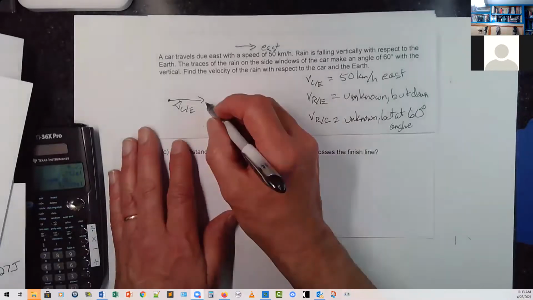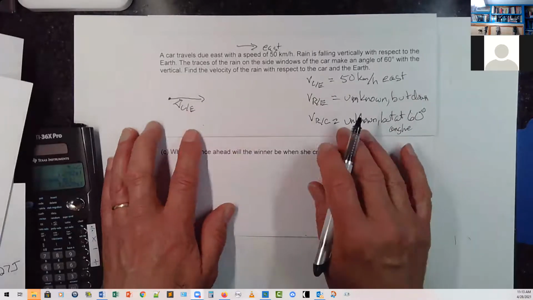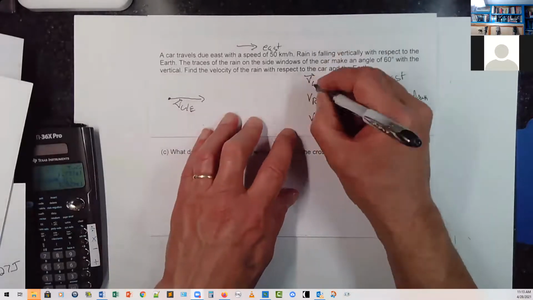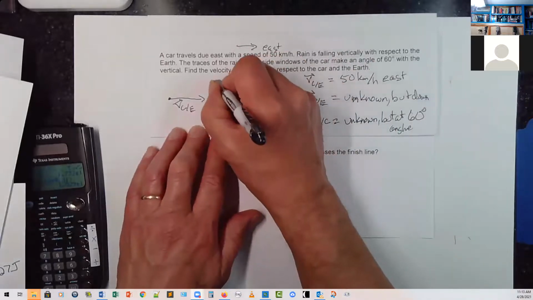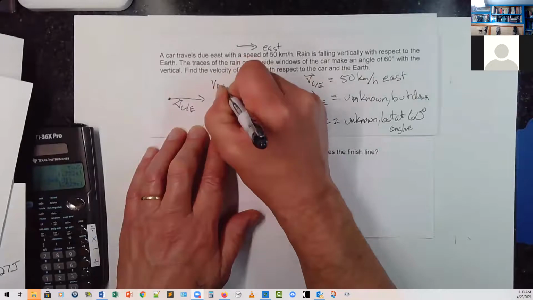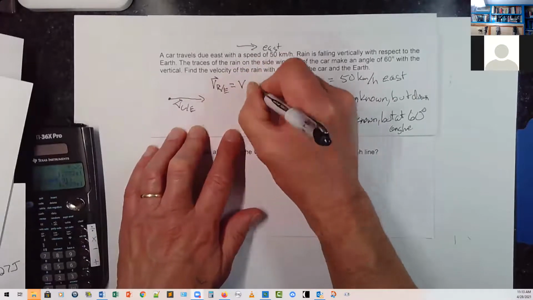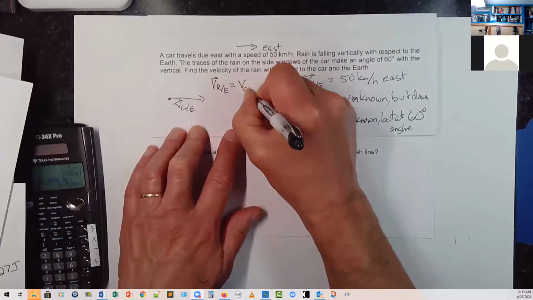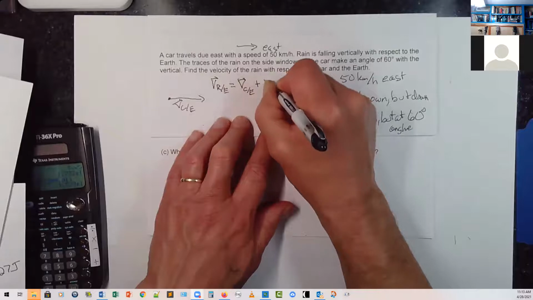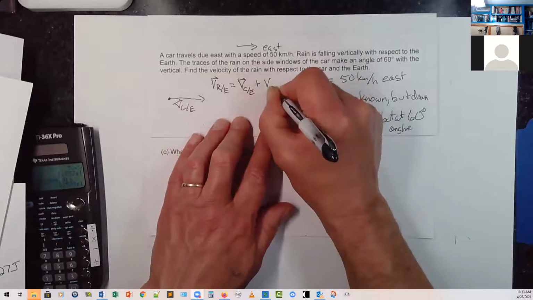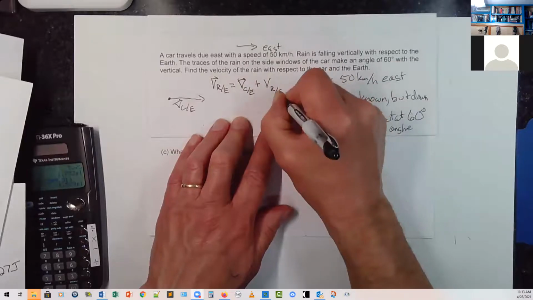Well, a 60-degree angle with the vertical. The equation I can write here, I could put arrows on each of these, is that the velocity of the rain with respect to the earth will equal the velocity of the car with respect to the earth plus the velocity of the rain with respect to the car.